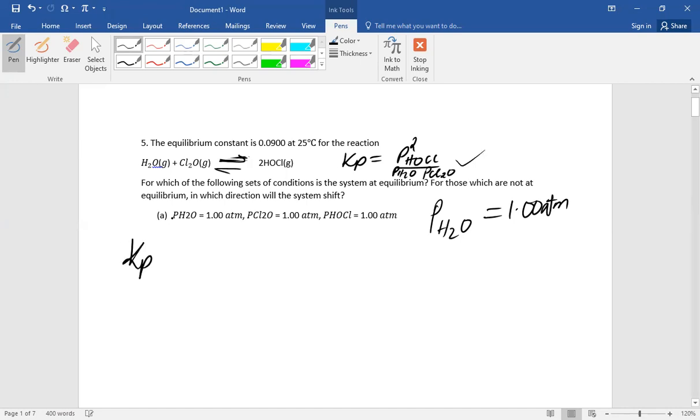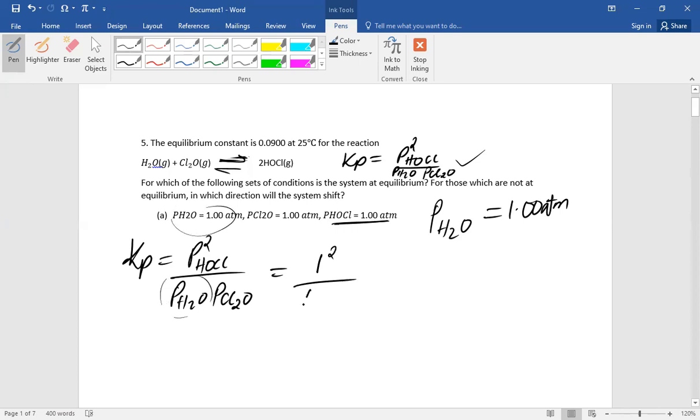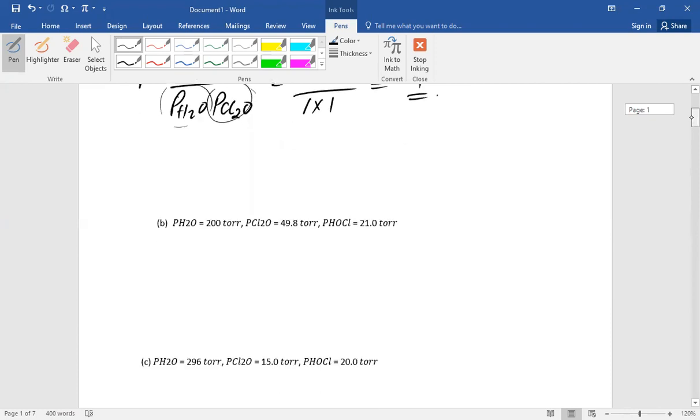So here we say Kp is equal to partial pressure squared of HOCl over partial pressure of Cl2O times partial pressure of water. We have 1 atm for HOCl, squared, over 1 times 1, so this is just 1. Now the question is, are these two equal?